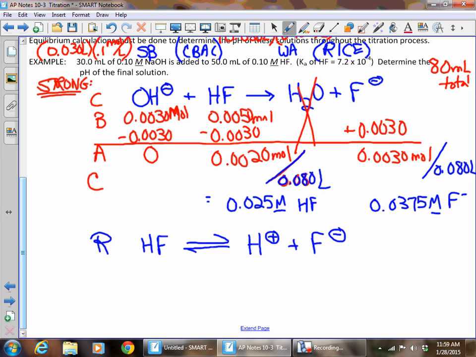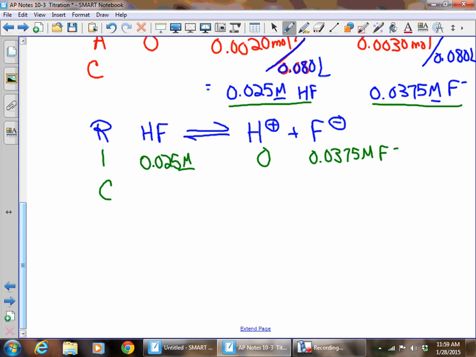At the beginning, this is what we've got in the solution right now after we reacted the strong base: 0.025 molar HF, 0.0375 molar F minus, and 0 for our H plus.